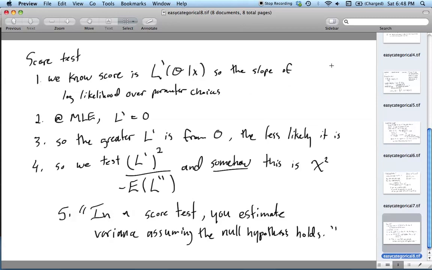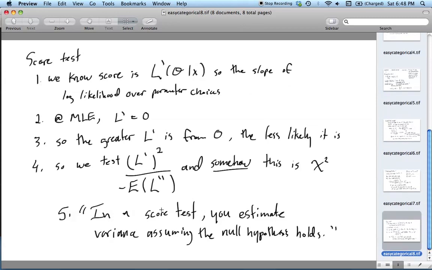Okay, so the score test, there's not much I want to know about it, but there are a few things. We know what the score function is: you take your likelihood function, you log it, and then you take the first derivative with respect to your parameter. So you're looking at the slope of your log likelihood.